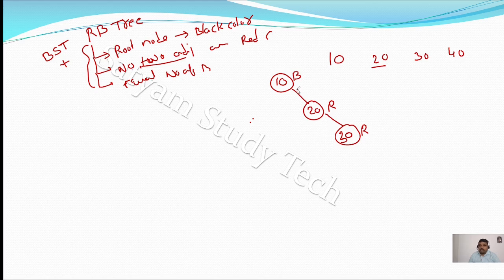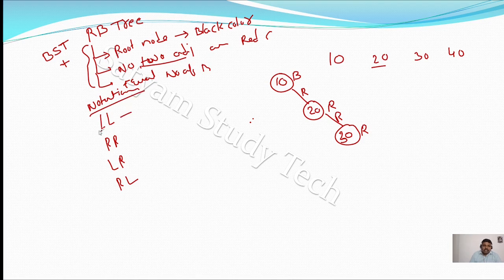What type of rotation do we have to perform? Here 20 is the right of 10, and 30 is also right, so it is RR. In the AVL tree we already discussed rotations. We have LL, RR, LR and RL, these four rotations, if the tree is not balanced.